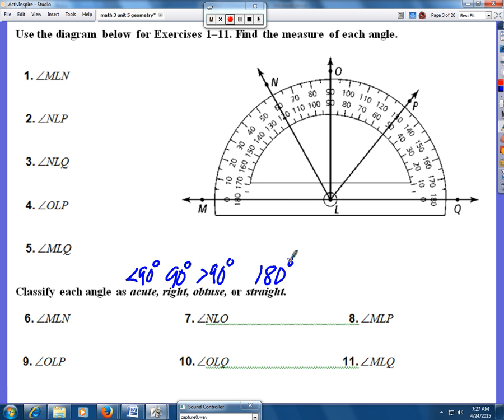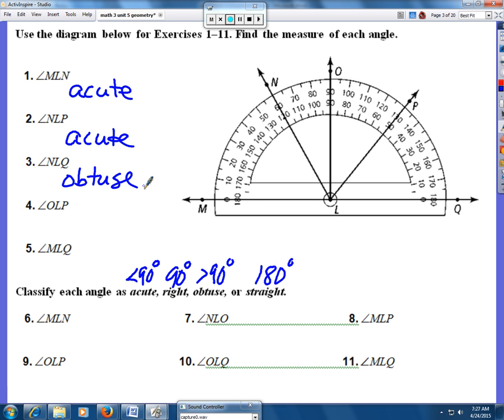Okay, so if I look at angle MLN up here, that would be an acute angle because I can see that it measures 60 degrees. If I do NLP, that's also acute because it goes from 60 to 130, which is only 70 degrees. NLQ, that is going this way 120 degrees, so that's more than 90, so it's obtuse.